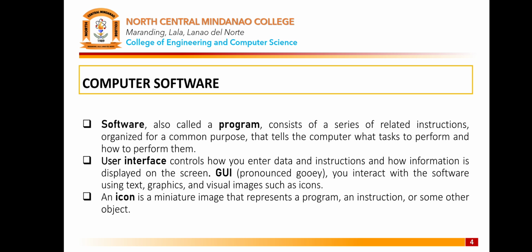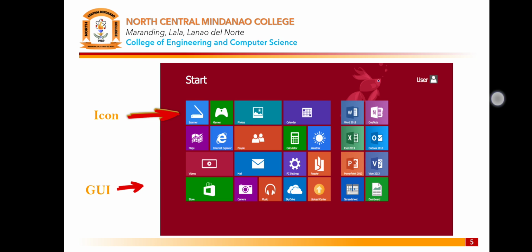It is a clickable image, and a miniature image, meaning it is small, is a representation, and what you can see on every icon is the representation of what program it is. For example, this is an icon.